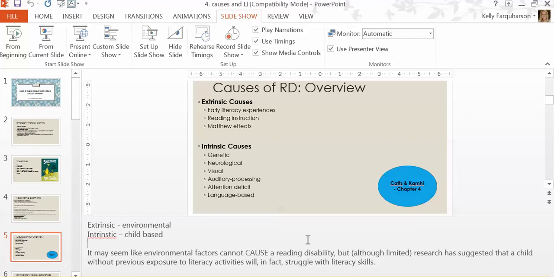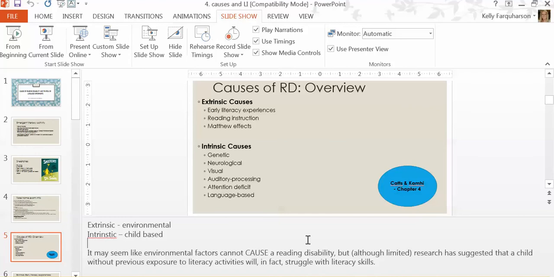That may not be an obvious cause, because it's not something neurological or intrinsic to the child.